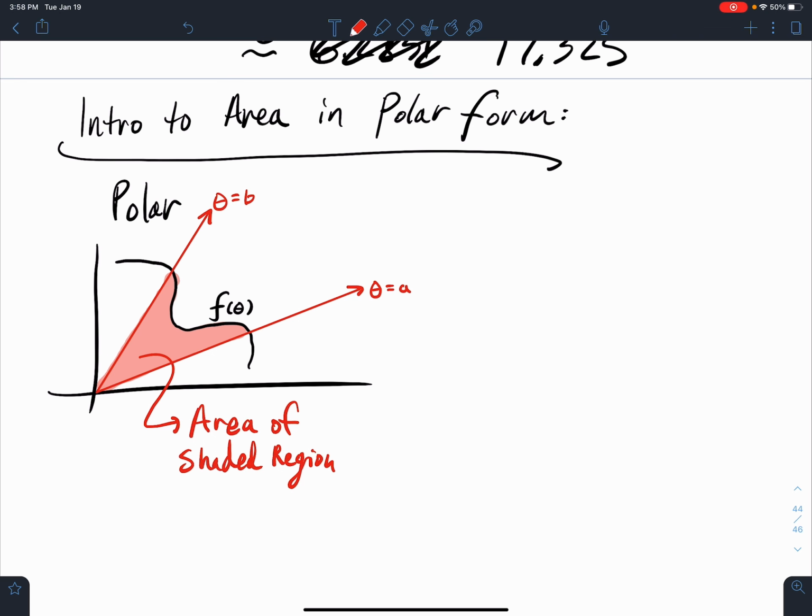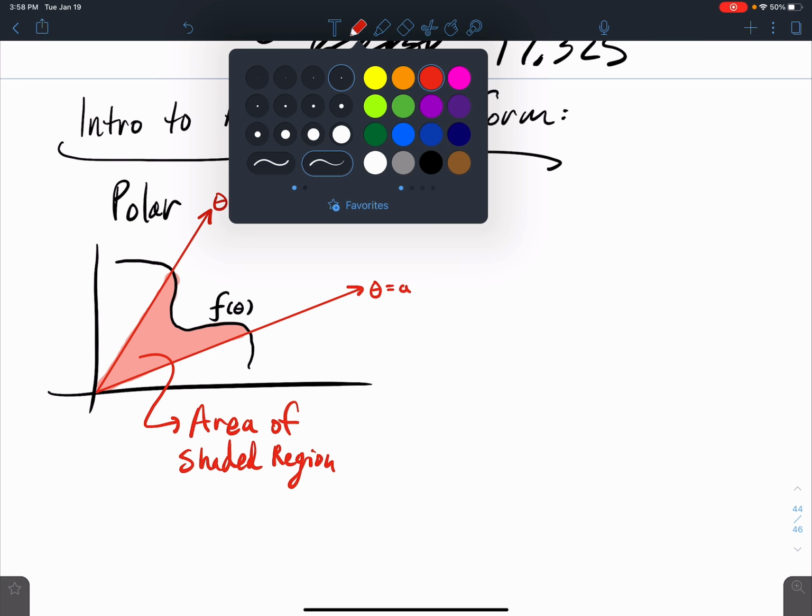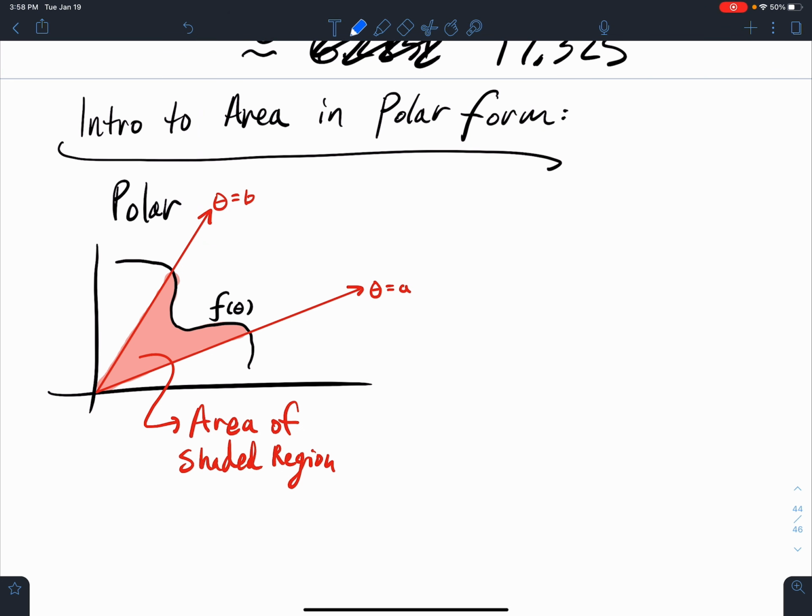Well, what I'm going to do is think of it kind of like whenever we were in Cal 1, whenever we first talked about the definite integral and area under the curve. We took that really hard problem and we broke it up into little rectangles, right? And those rectangles, base times height, the height was f of x and the base was that delta x.